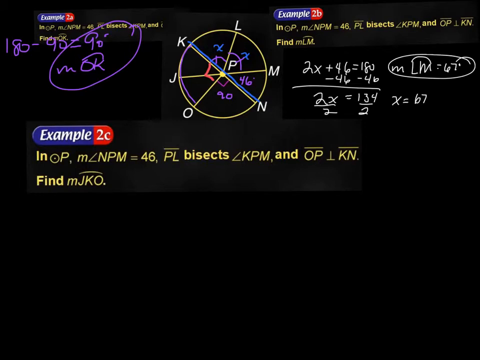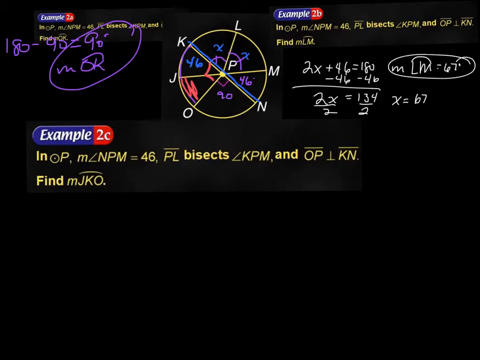Okay, now they want us to find the measure of the major arc JKO. So the only thing that I don't want is this arc JO. If I knew what that was, I could subtract it from 360. Well, it's not too bad to get, because if angle MPN is 46, then angle KPJ also has to be 46, because they are vertical angles.